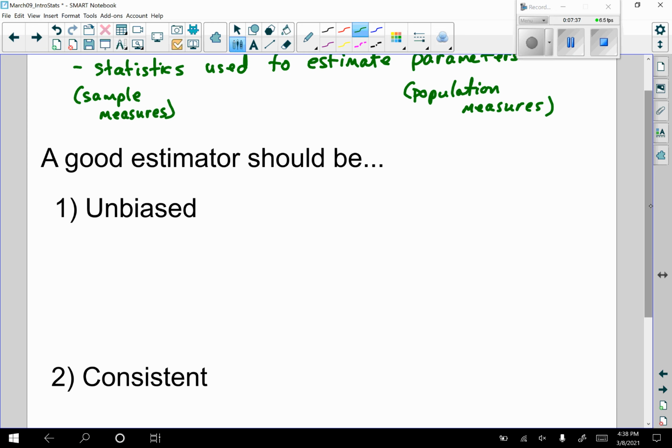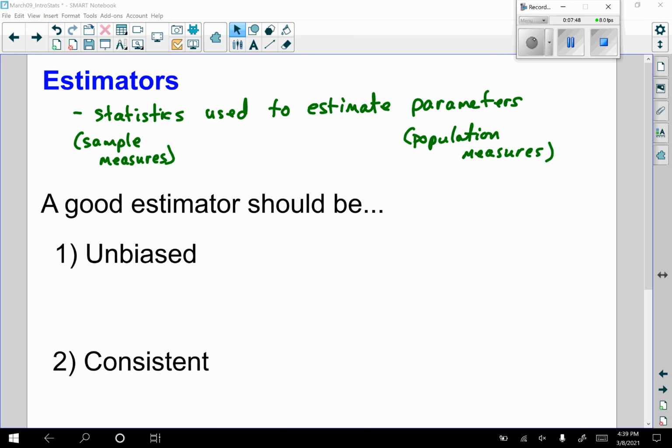A good estimator should be unbiased. So I'm not going to write all this out, but I will explain it. The expected value or the mean of estimates obtained from samples of a given size should equal the parameter being estimated. But all you have to really remember is a good estimator should be unbiased. It needs to also be consistent.